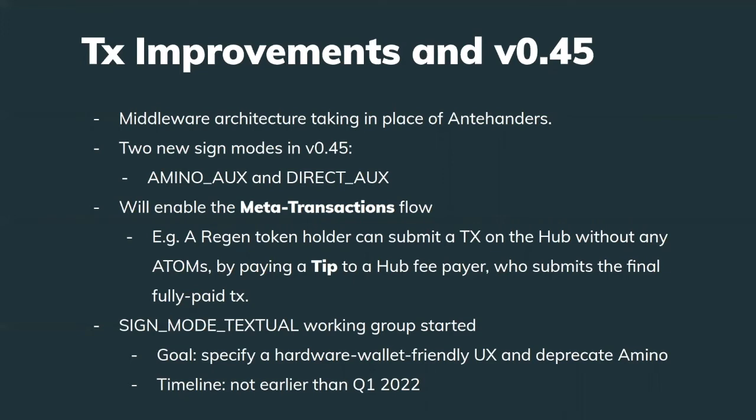They would be paying a tip in this IBC Regen denom, and then a third party who intercepts that transaction with the tip would take that, add a fee to it in the native atom token, and then submit that fully signed transaction, with signatures both from the original user as well as this fee payer, on chain.